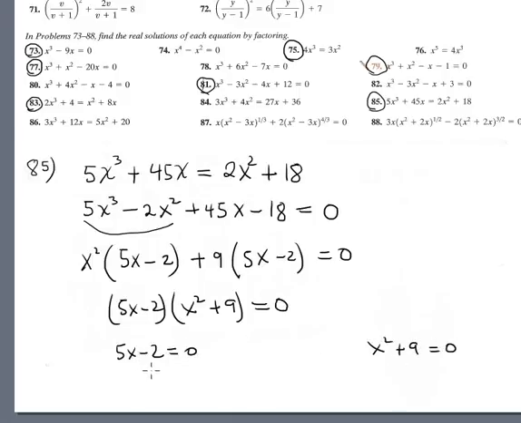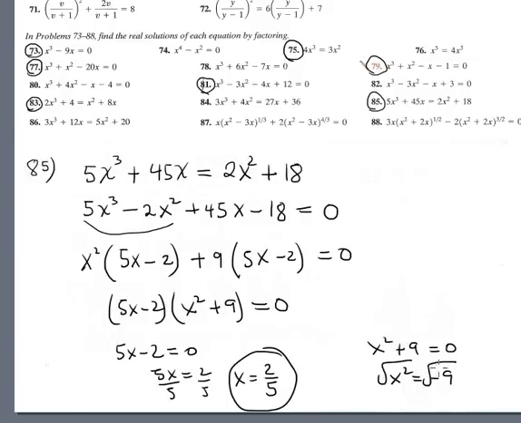The first solution is 5x equal to 2, divided by 5 on both sides, 2 over 5. And the other solutions are complex, and they don't want complex. The question says find the real. The square root of this gives x equal to plus or minus 3i. I don't like this. The solution set of the real is only 2 over 5.